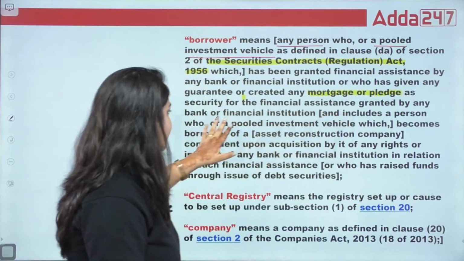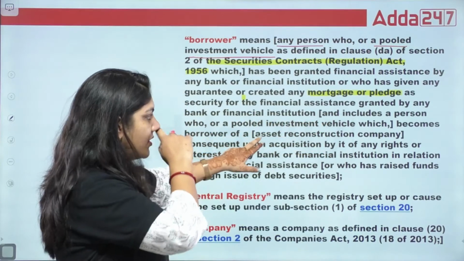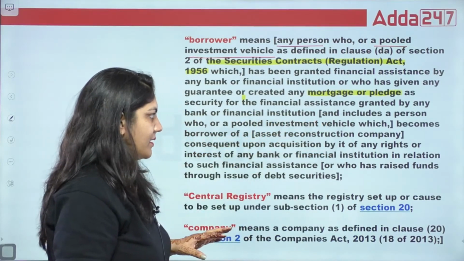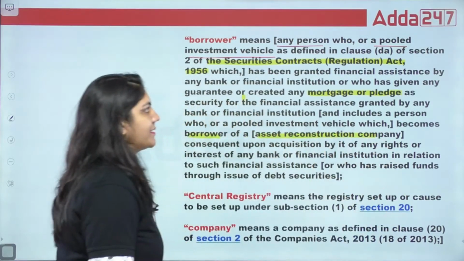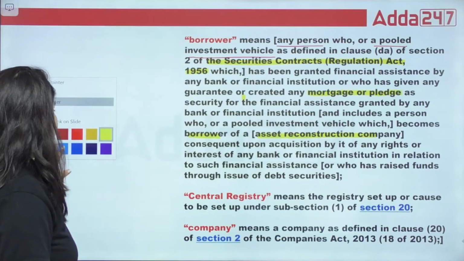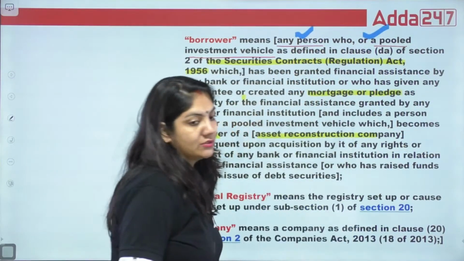It also includes a person or a pooled investment vehicle which becomes a borrower of an ARC company. So they can become borrowers of the ARC company also. In one word, this is called the borrower.